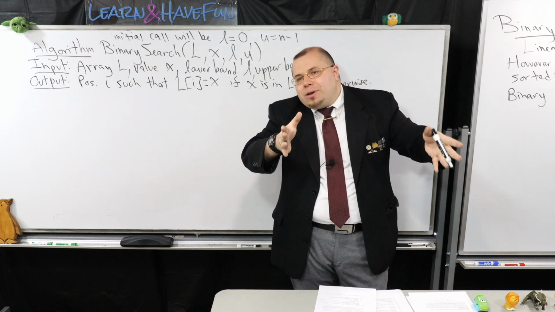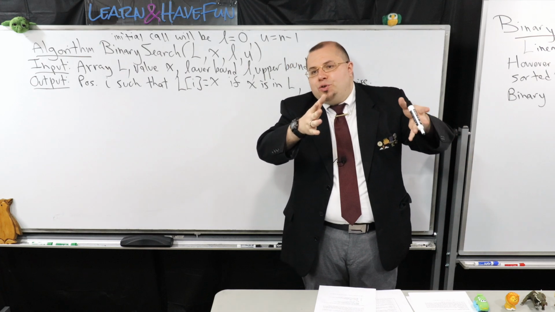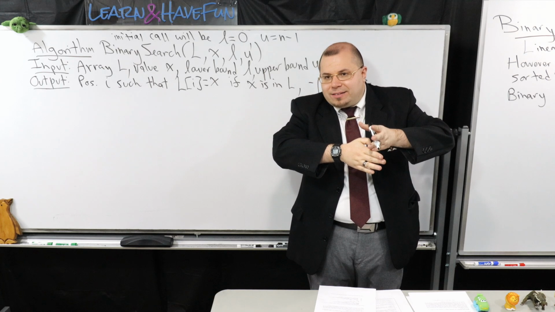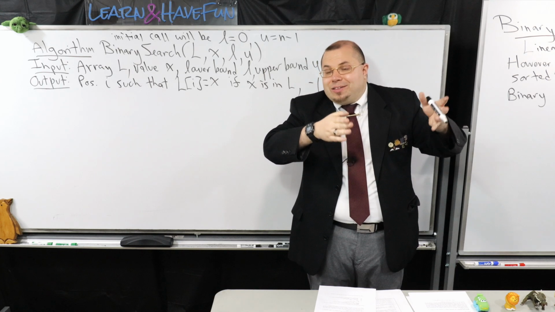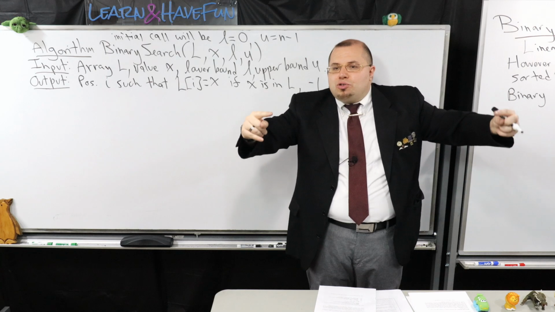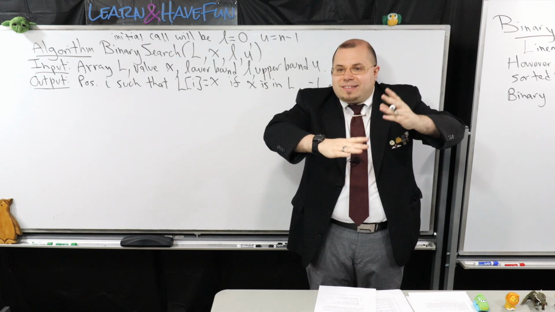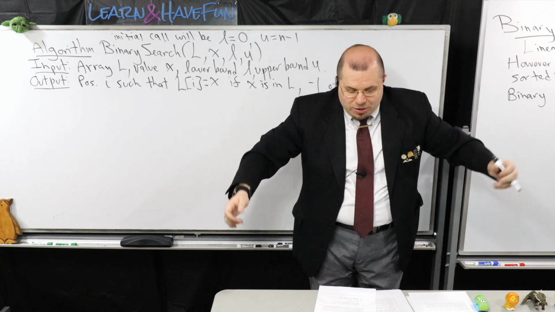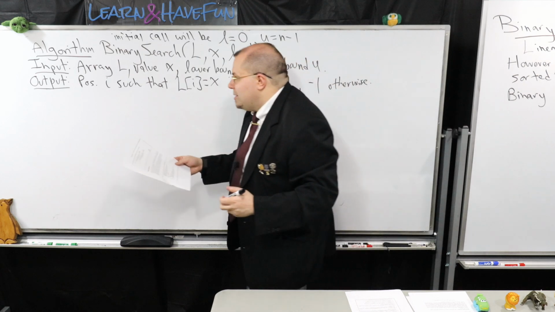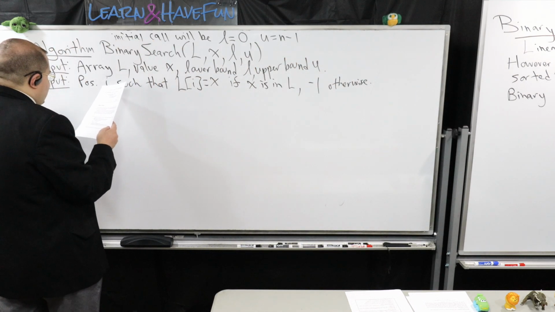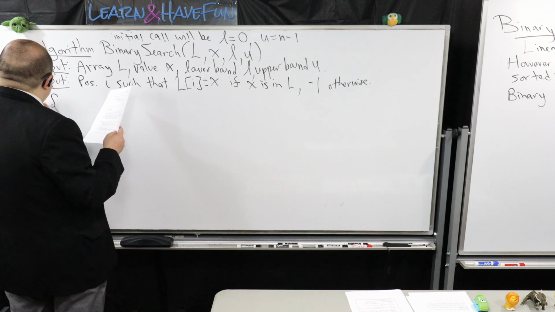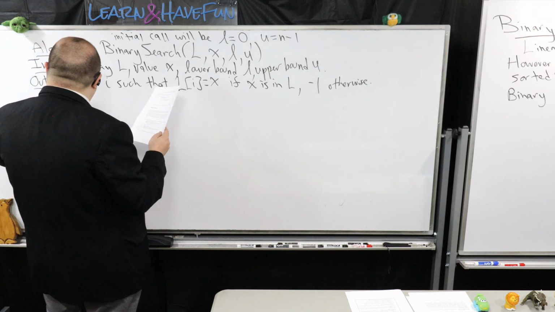When I run out of elements to consider, I have no more elements to consider at all. So if I fail to find it, L and U cross over each other. The same thing happens in the iterative counterpart of this algorithm. But watch this, this is actually going to formulate the base case for the recursive counterpart.